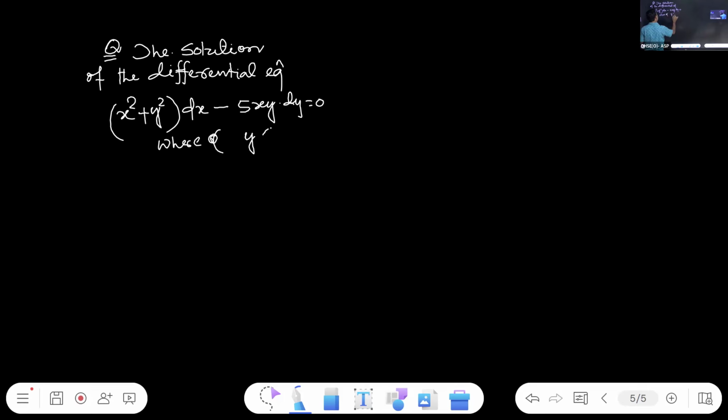This is the initial value. That means when x is equal to 1, then y is equal to 0.